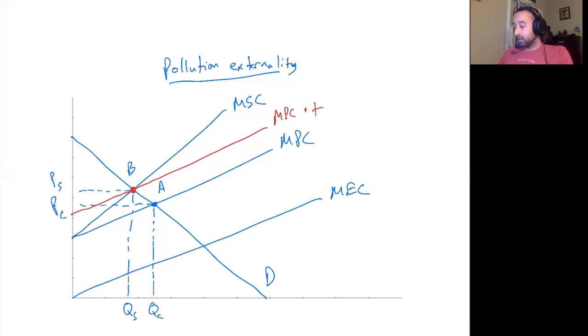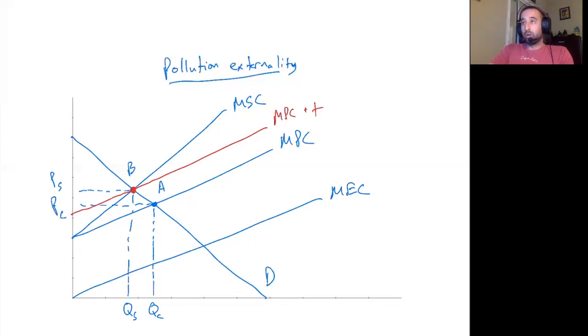And that's going to get us from the competitive equilibrium to the socially optimal equilibrium. Okay. And so that's how this tax actually works in practice. You don't actually have to fully replicate the marginal social cost curve with the tax. You just need to implement a tax such that when you add the tax to the marginal private cost, you're going through the socially optimal equilibrium. That's all that matters. Okay.